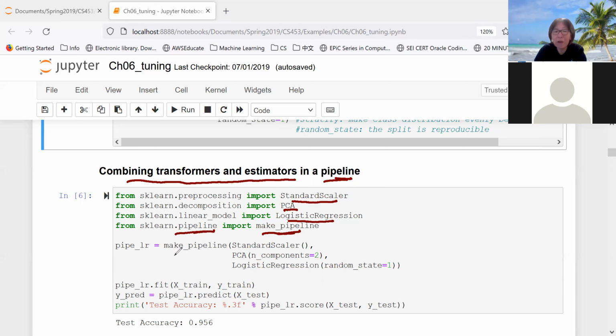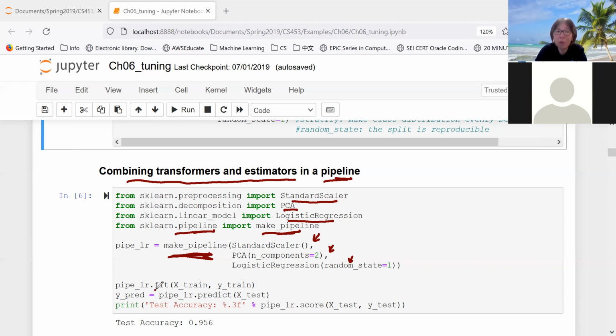Then you just plug in the steps, stage by stage, of the training process: first scaling, then dimensionality reduction, then model training. We make all of them into one pipeline.